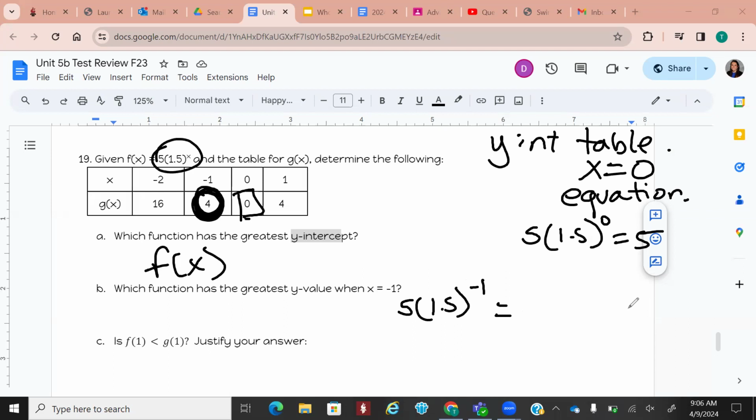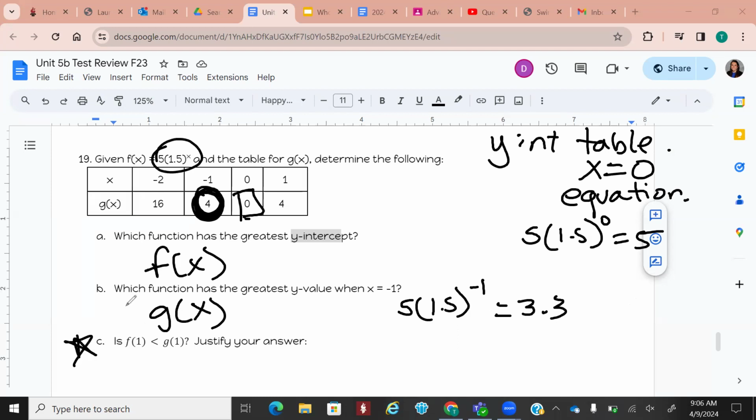So what'd you get? You're typing 5 times 1.5 raised to the negative first. 3.3. Is 4 or 3.3 bigger? 4 is. So that's g of x.